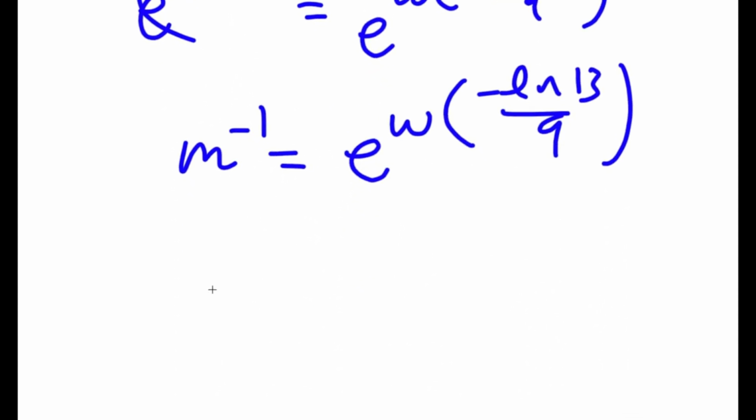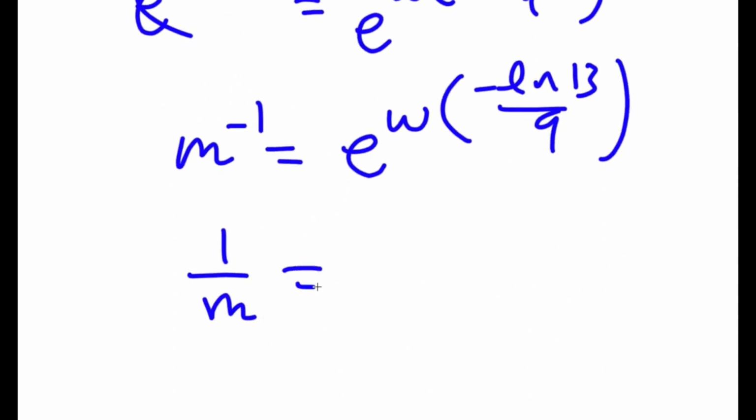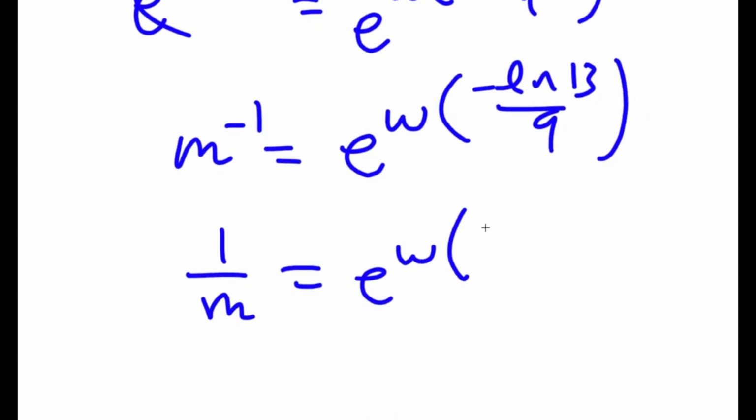Now m to the power of negative 1 is the same thing as 1 over m. So I have 1 over m is equal to e to the power of W of negative ln 13 over 9.